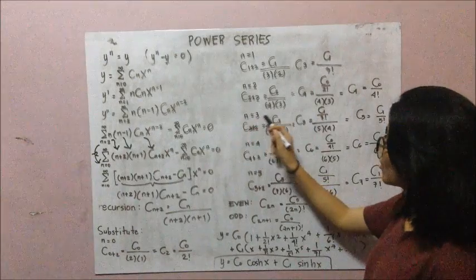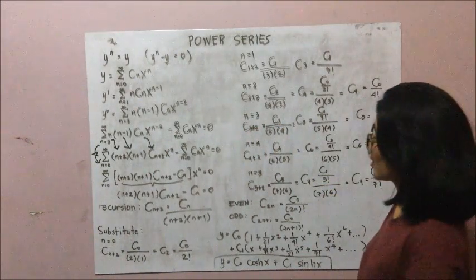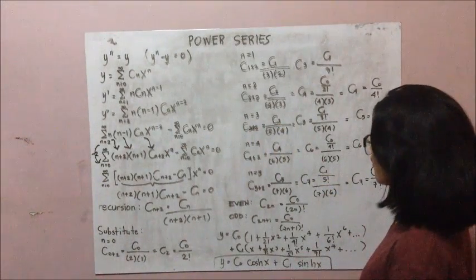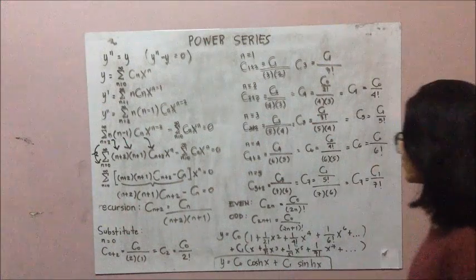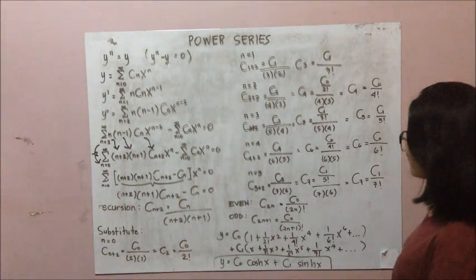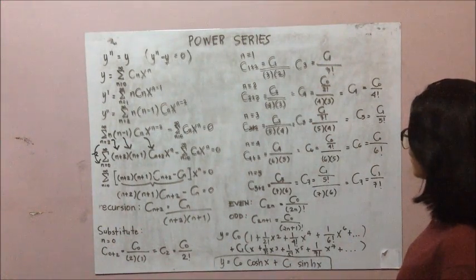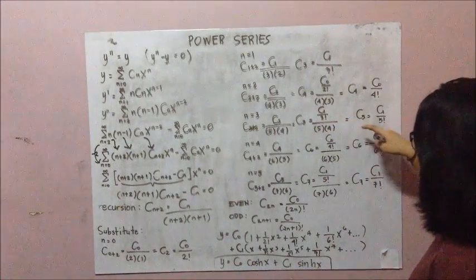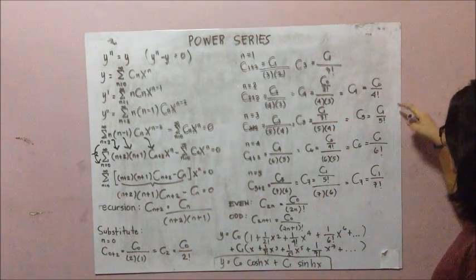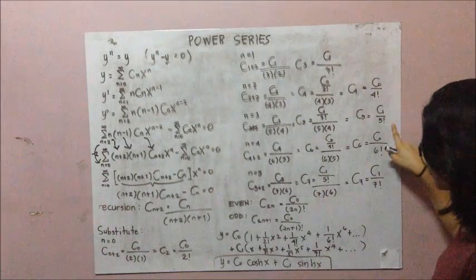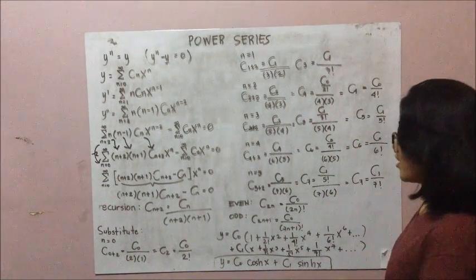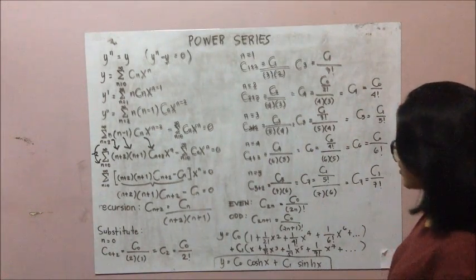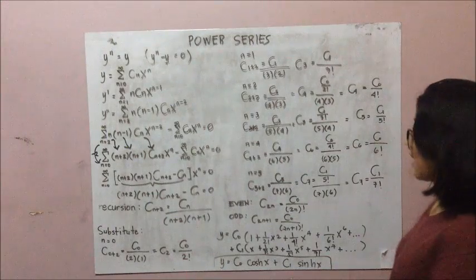Next, we have n equals 3, so c_(3+2) equals c_3 over 5 times 4, so c_5 equals c_1 over 3 factorial over 5 times 4. We simplify this, and we have c_5 equals c_1 over 5 factorial. For n equals 4, c_(4+2) equals c_4 over 6 times 5.